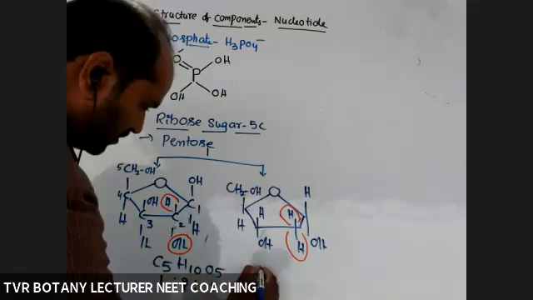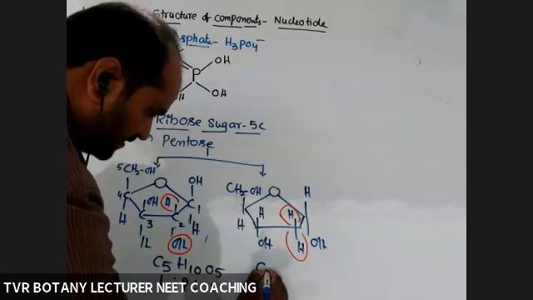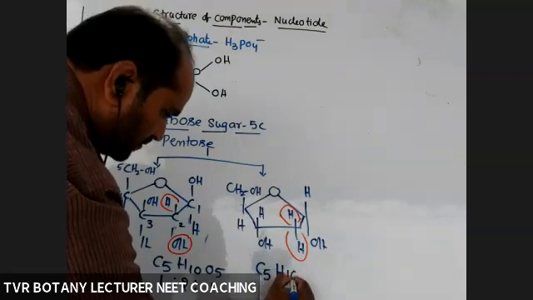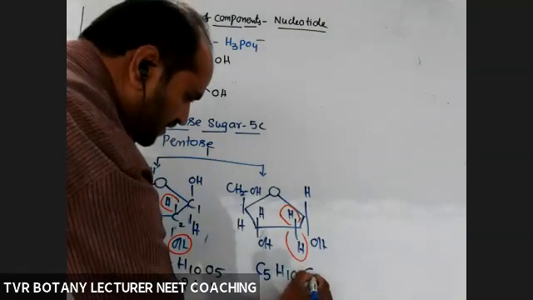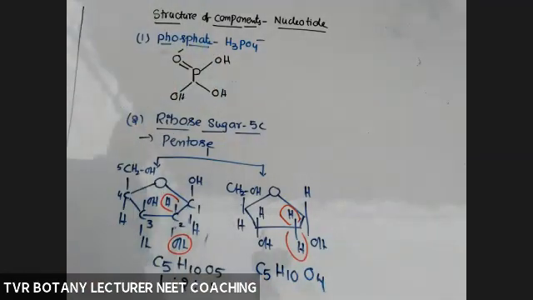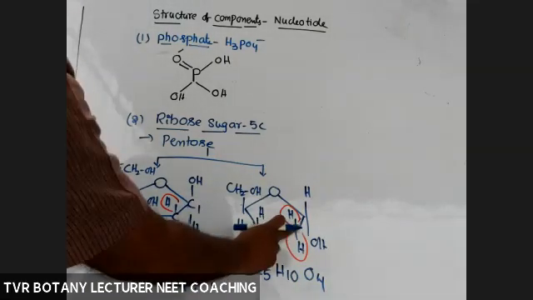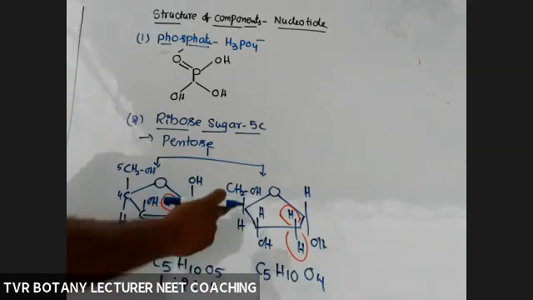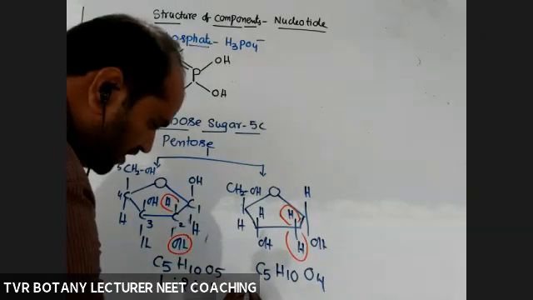See, now count the number of carbon atoms. C5 as it is. Hydrogen is also 10, but oxygen is 4 only. Okay, so one oxygen atom is deficient. At which position? Second carbon atom. Okay, so this sugar is a deoxyribose sugar.